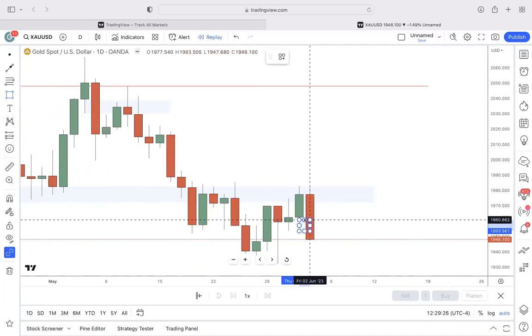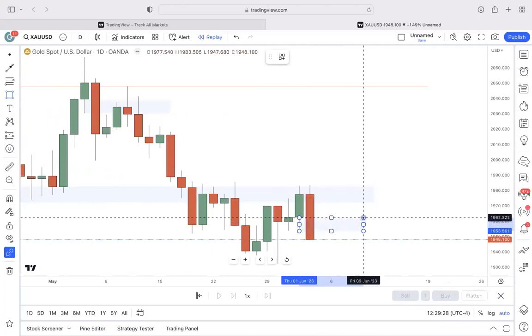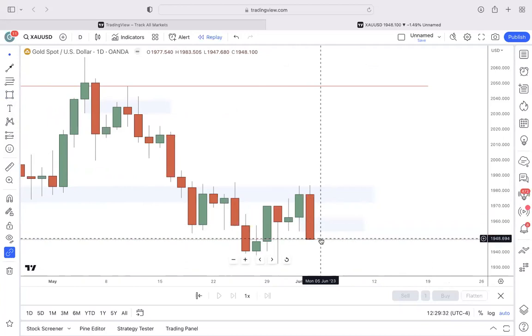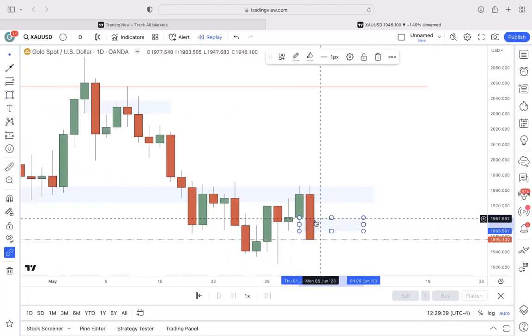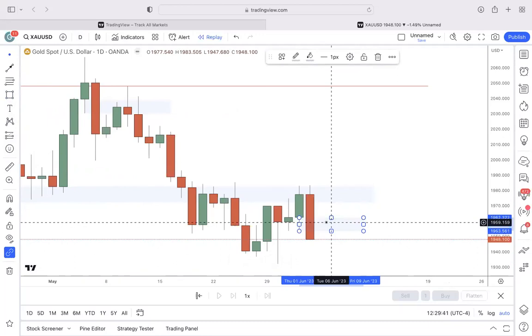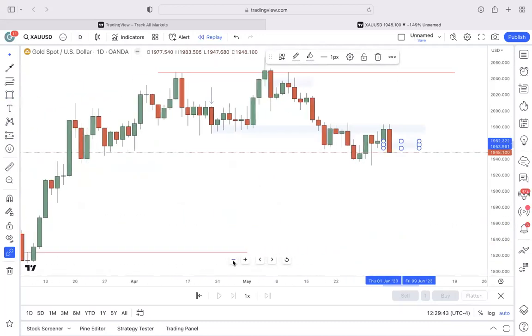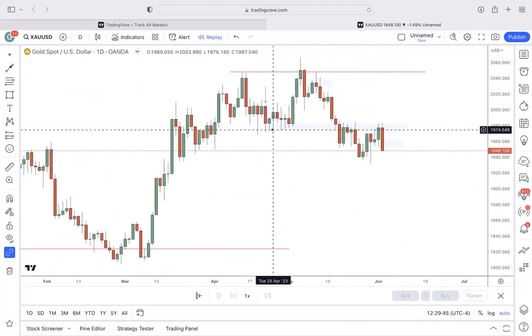Wick to body, extend it out in time. I would want the next candle, power of 3, open, high, find their high early next week inside of here. And then continue lower.